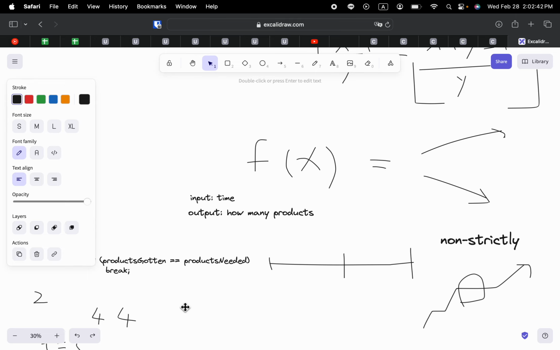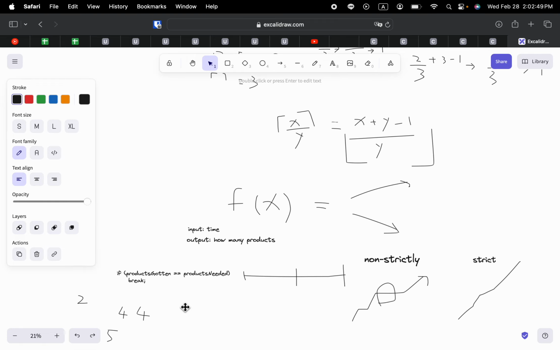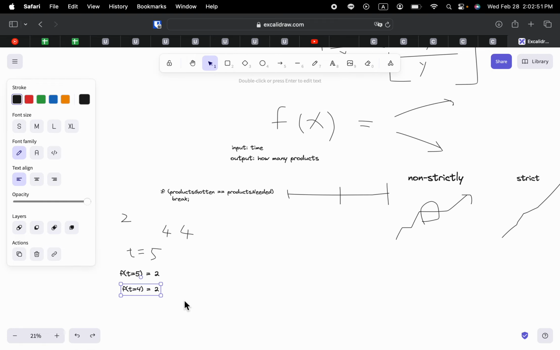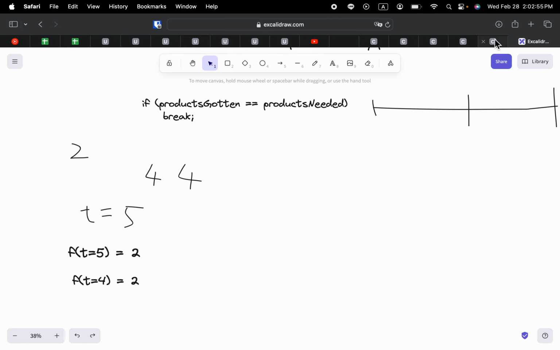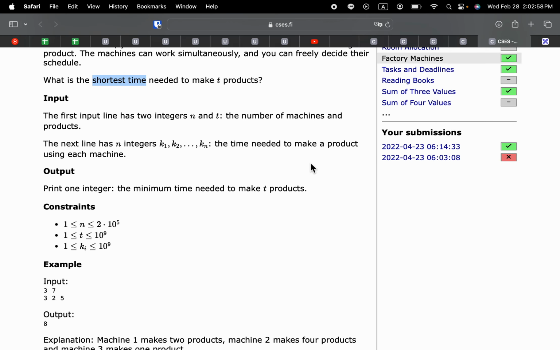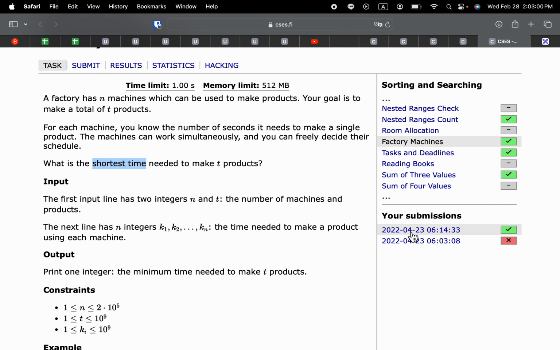Anyway, side note. For general binary search problems like this one, you do not actually compute the answer. If we sequentially check each time to see if it exceeds or not, it's too slow, right?